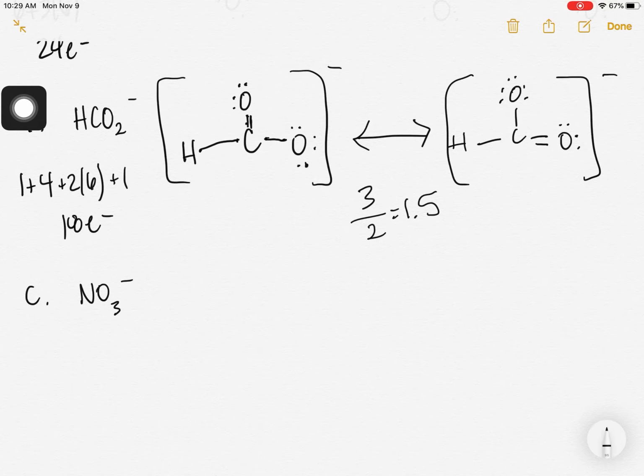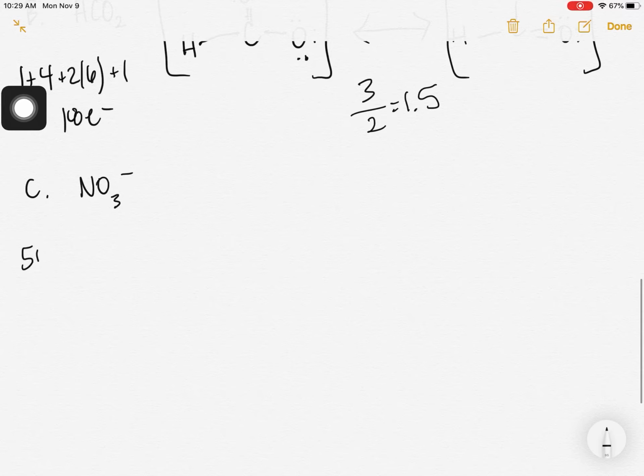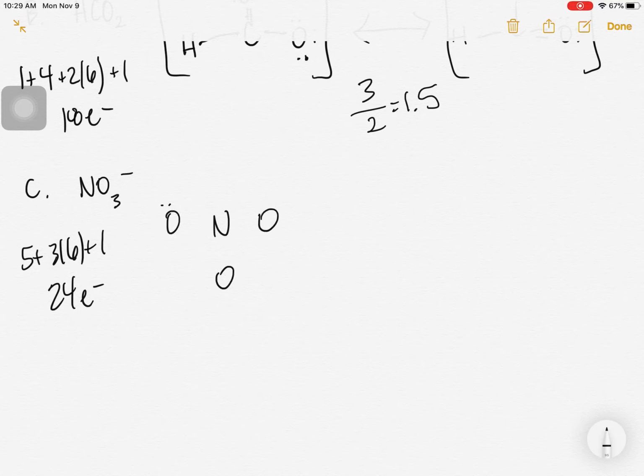And then NO3, so 5 from nitrogen plus 6 from each oxygen, that's 23, plus 1 extra is 24 electrons. N's going to be in the center. My oxygens are going to surround it. Don't forget about the 1 electron that you have to bring to the table, so maybe I'll put it here and fix that oxygen.